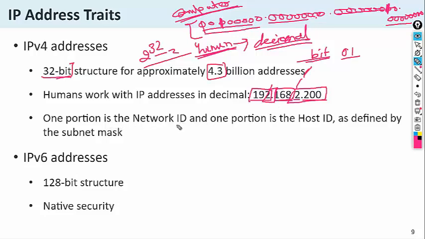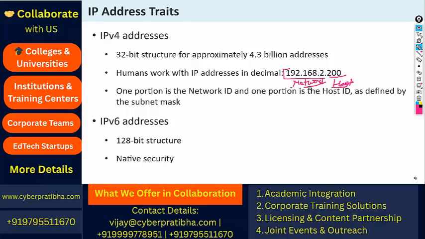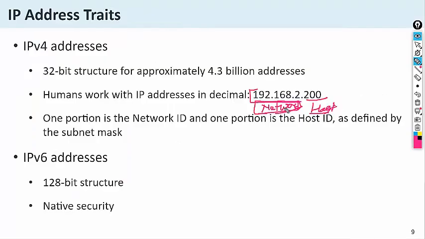So one portion is the network ID and one portion is the host ID. Some values are the identification of the network and some are the identification of the host. So which one is the host identification and which one is the network identification? How do you identify it and what is it called?